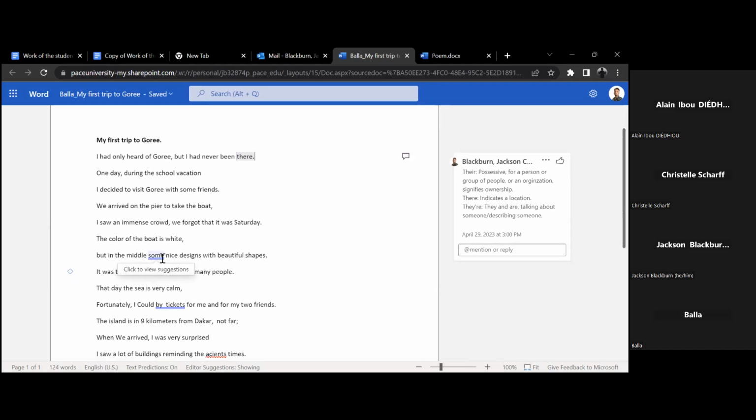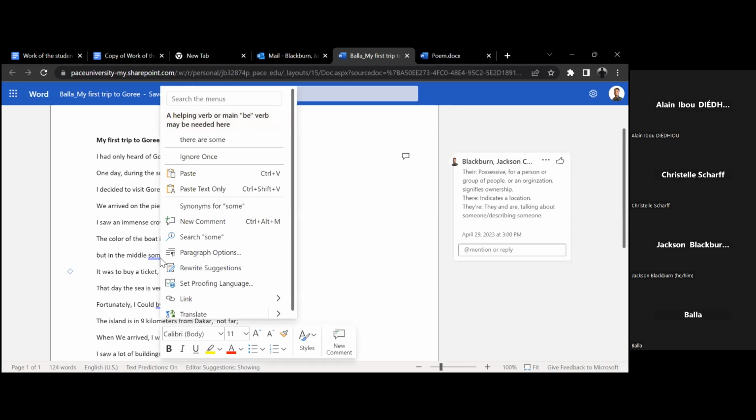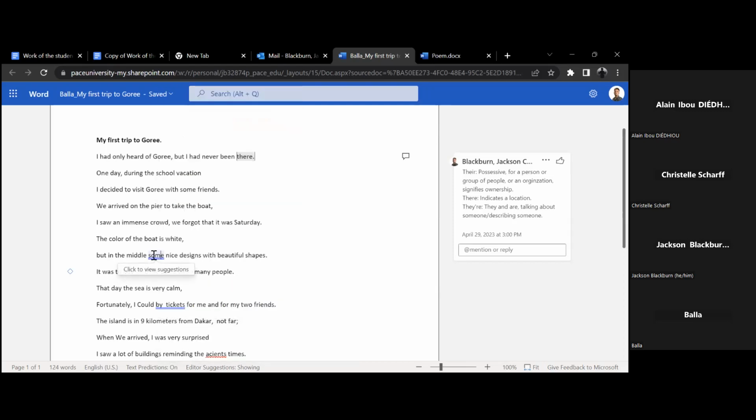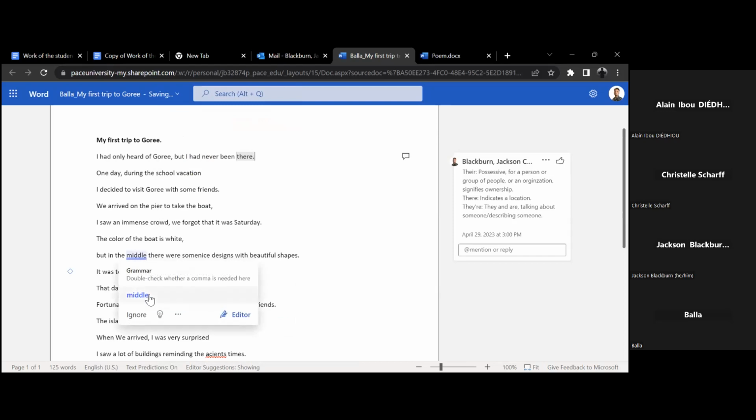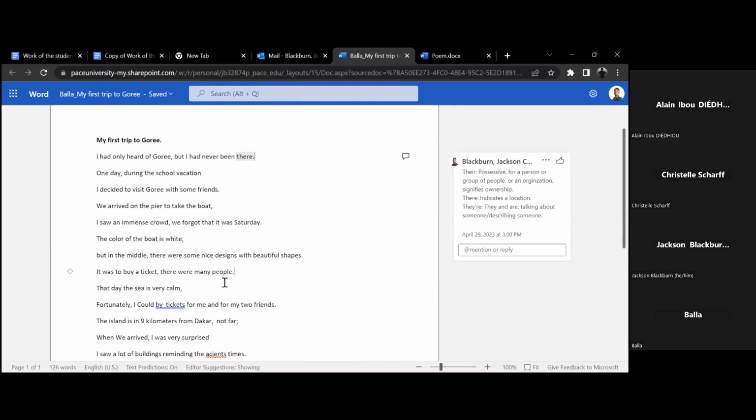And I think this is going to tell us to take away some. But in the middle, there were some, and let's put a comma here. I think, yeah. Some nice designs with beautiful shapes. It was to buy a ticket. There were many people. So I think you were saying that you had to buy a ticket, correct?